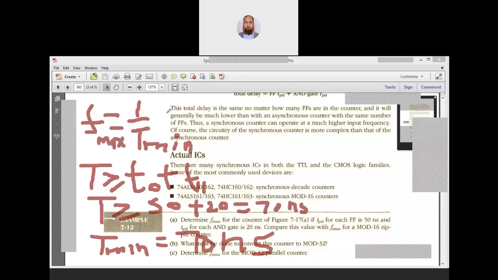T is 1 over 70 nanosecond, and when you calculate this, I know from the answers this would give us 14.3 megahertz.